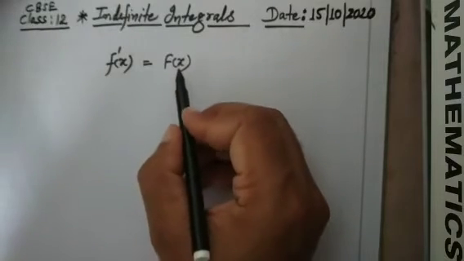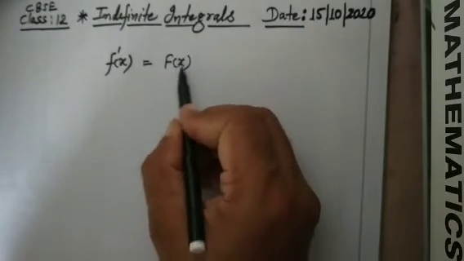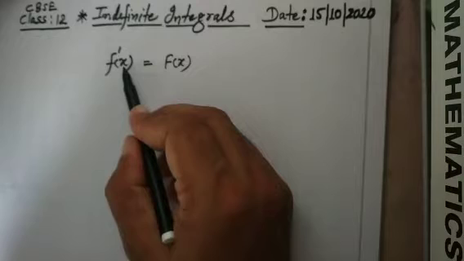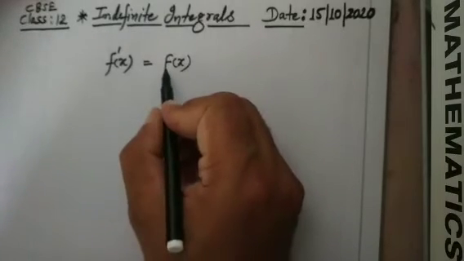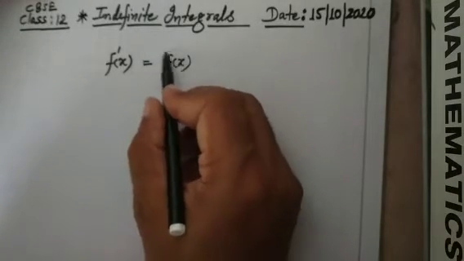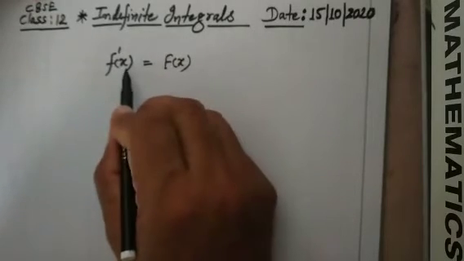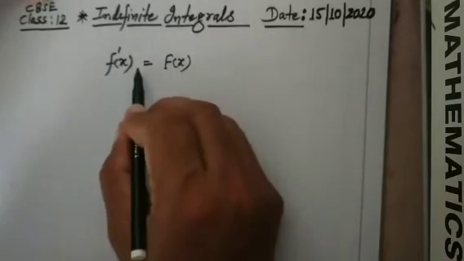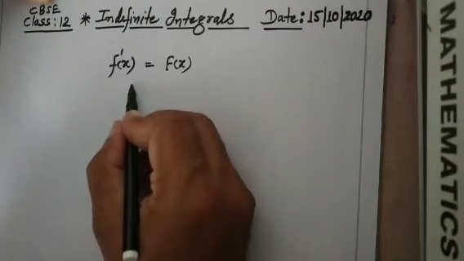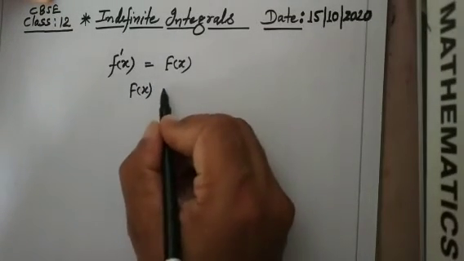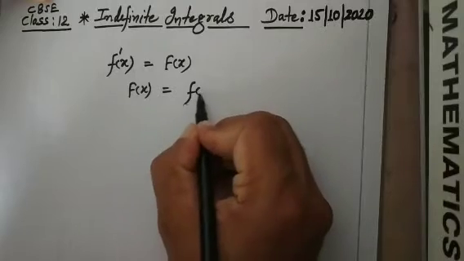So this capital F(x) is known as the derivative of this small f(x), right? So one procedure which can make this function into small f(x) is that we do some operation such that this capital F(x) again gives this small f(x).